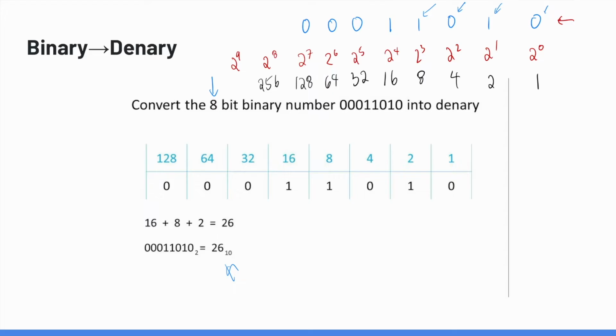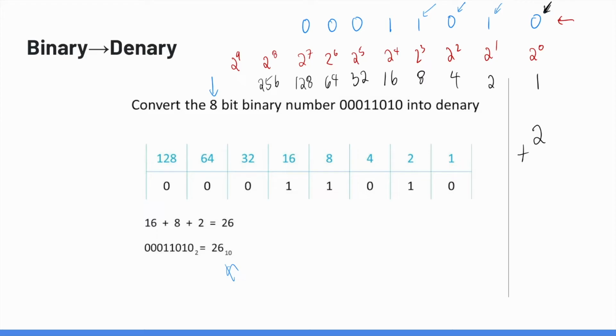Now, if we look at a denary number, which is base 10, let's say we have 1, 3, 5, 6. Actually, before we get to denary, I'm going to show you how we would convert this to denary. Right here we have a 0, so we're not going to do anything. Here we have a 0, so we're not going to do anything. Here we have a 1, so 2 is going to be part of the value that we're calculating.